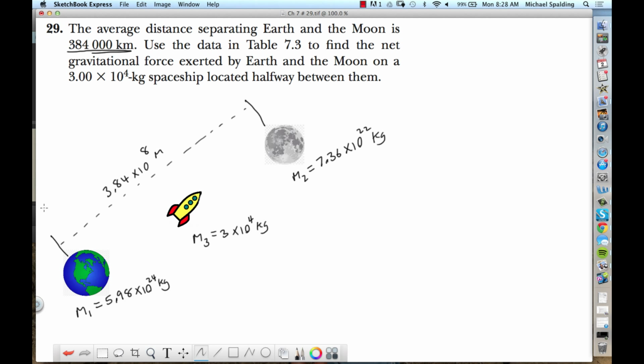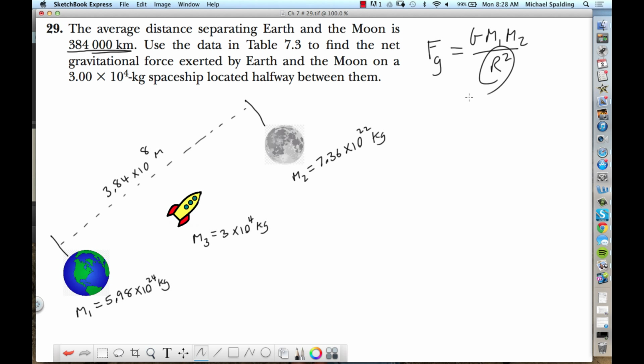Which is important. The equation that we're going to be using here: all objects in the universe are attracted to each other. Whether they're good looking or not, they're attracted to each other. The equation is F = G m1 m2 over r squared, where big G is the gravitational constant.